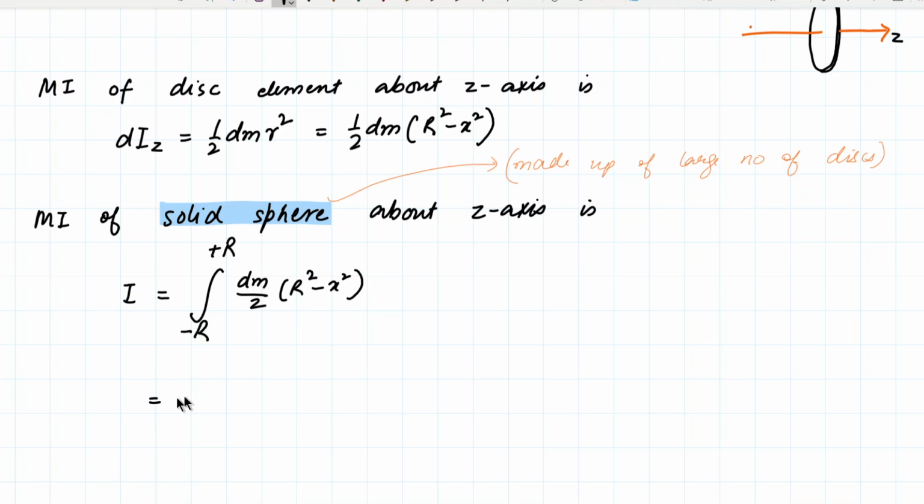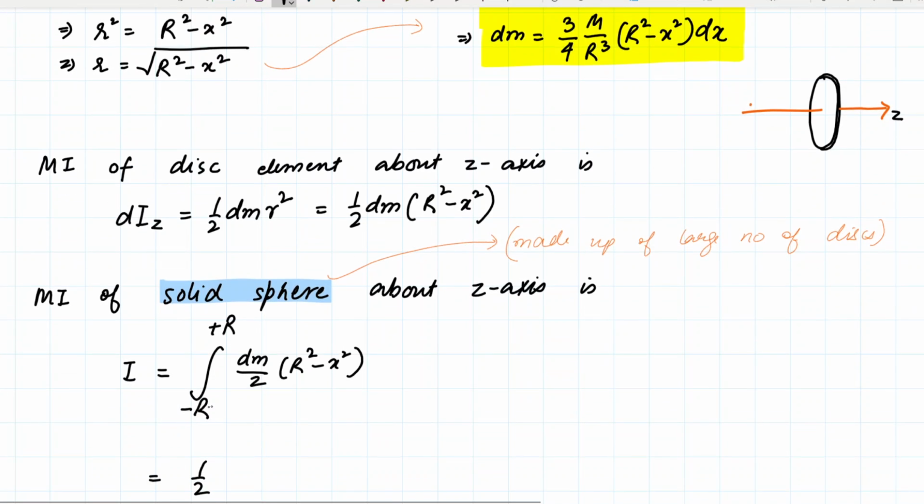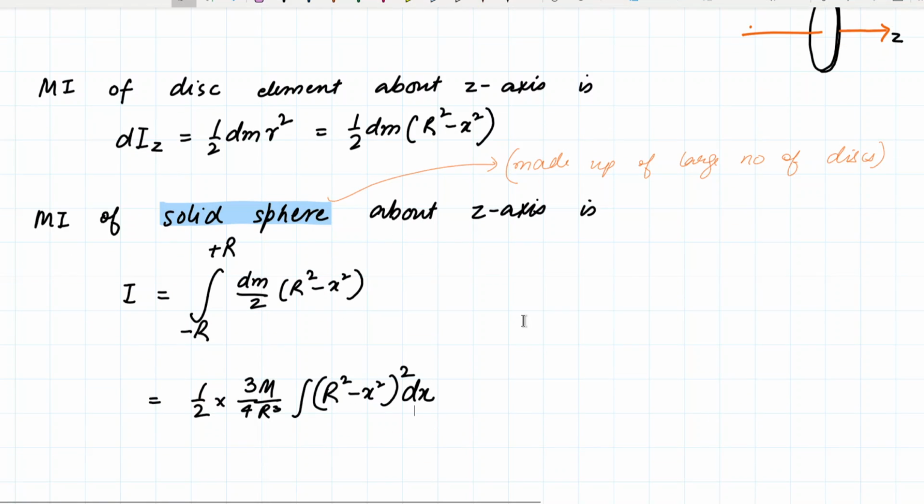So this is nothing but half dm, where dm is equal to 3/4 m upon r cube into r square minus x square dx. So integration of r square minus x square to the power 2 dx. Is it understood up to here? Yes sir. Into 3/4 m upon r cube, r square minus x square dx, that's it.